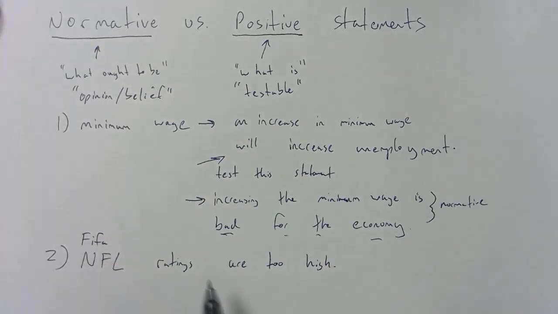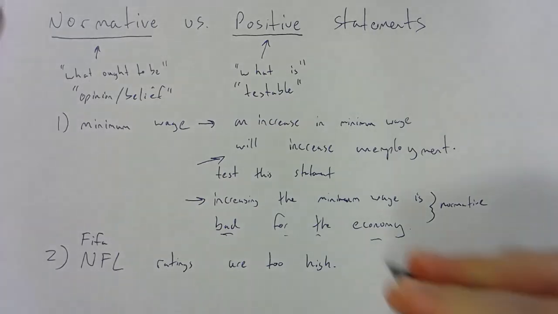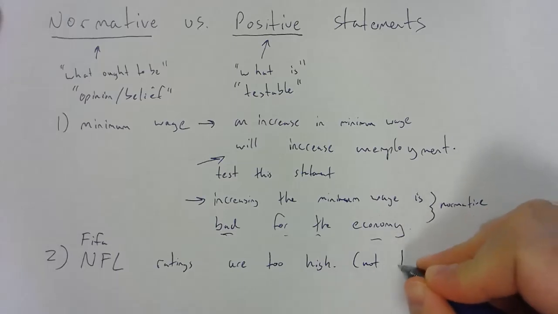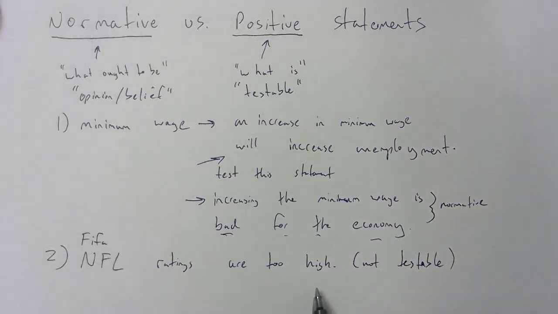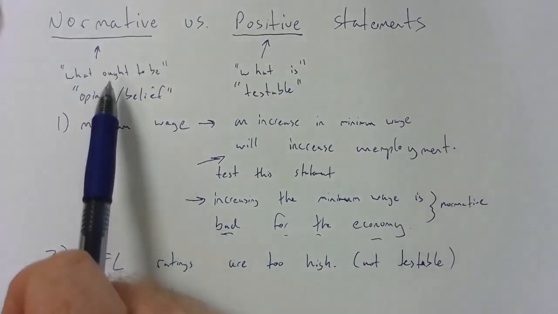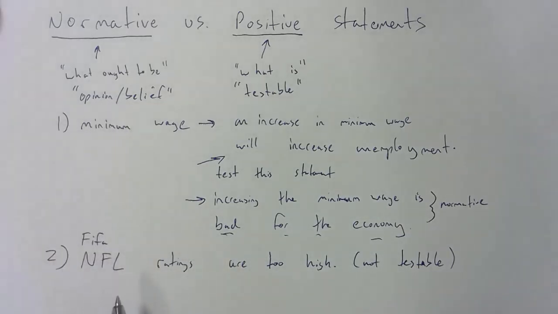So you could imagine that football ratings are too high, too many people are watching on TV. This is not testable because what does it really mean for something to be too high? This isn't a hypothesis. We can't test whether something is too high or too low. It is a belief or an opinion. So NFL ratings are too high. That's an example of an opinion or normative statement.